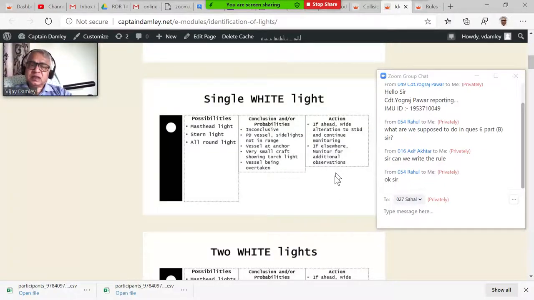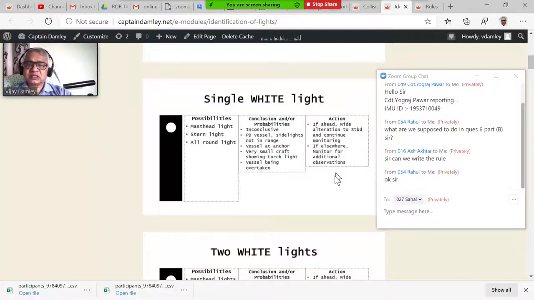Whereas, if you are looking at stern light, you shall not see any colored light except the colored lights like red lights if they are shown because the ship is not under command or restricted in ability to maneuver or a deep drafted one. So those combinations are different.